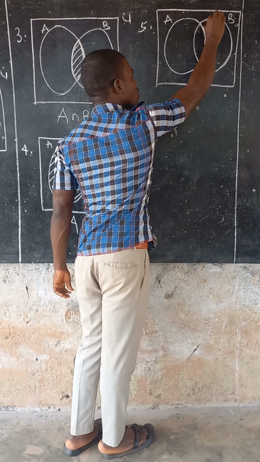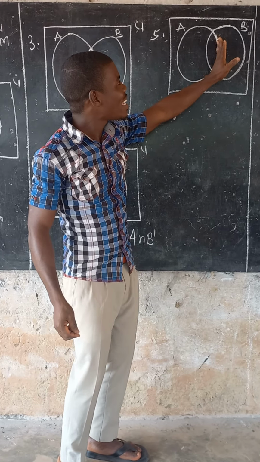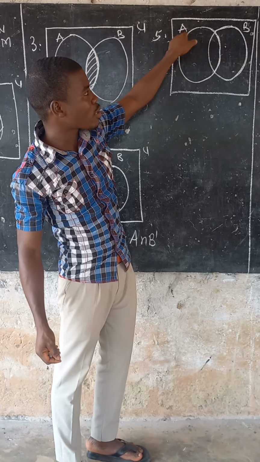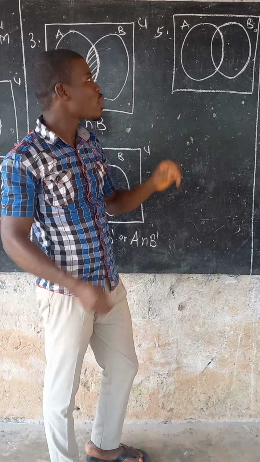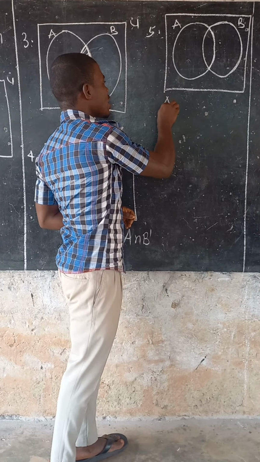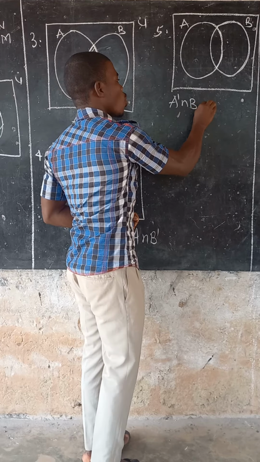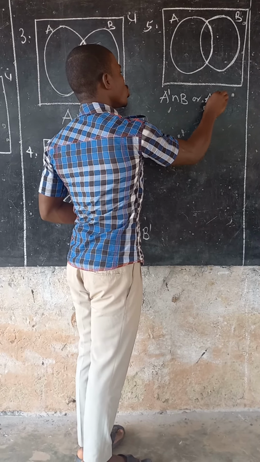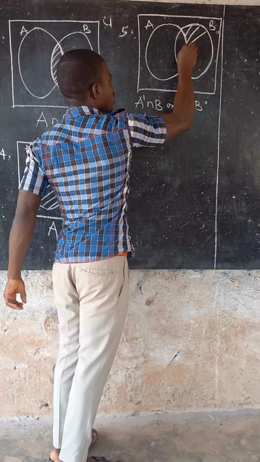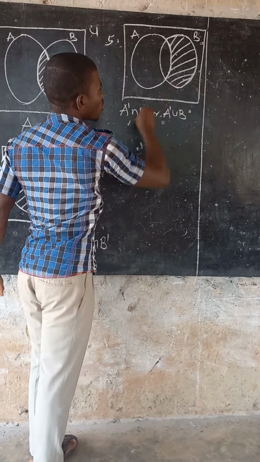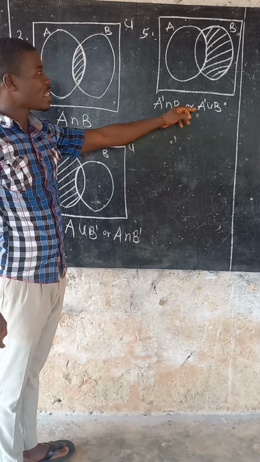So you are going to find the number here alone. Anything that A is part of, you are not going to tackle it, because the question is B only. So it is going to be A complement intersection B, or A union B, then you complement A. So you are going to find this place.